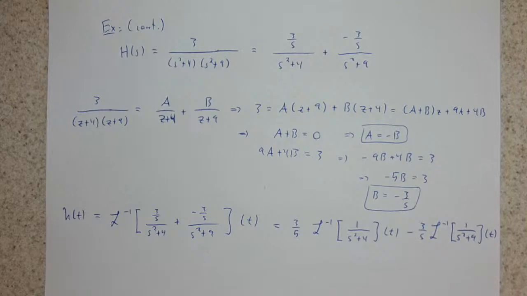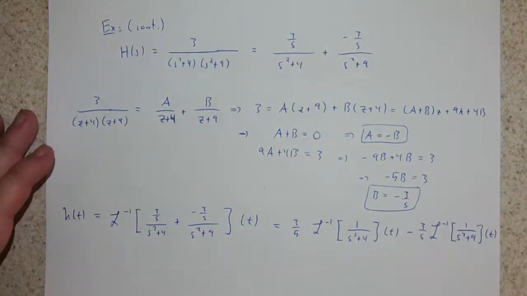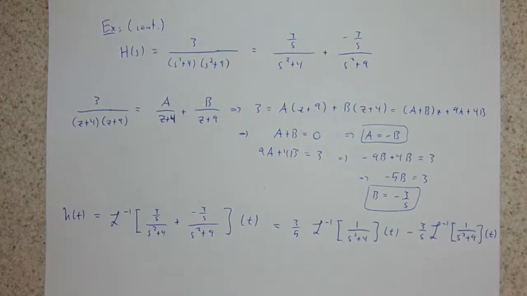Now, a couple of things here. If I'm looking at this, I'm close to something that's in my table. So let's bring my table back. I'm looking for the inverse Laplace transform of 1 over s squared plus 4 and 1 over s squared plus 9.